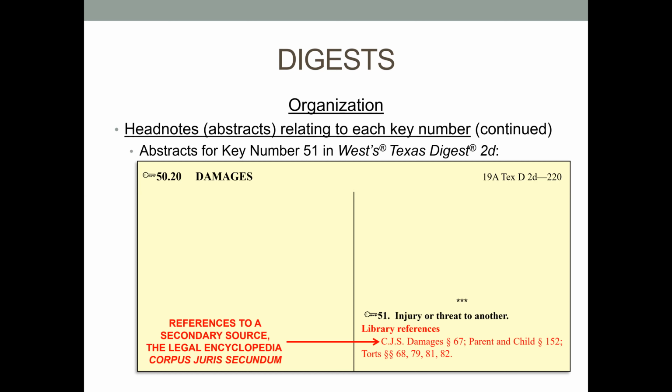And it provides you with the topics of that legal encyclopedia and their respective section numbers that West editors feel are relevant to this subtopic. And so they've given as a courtesy and to give you additional resources if you need them on that point of law.